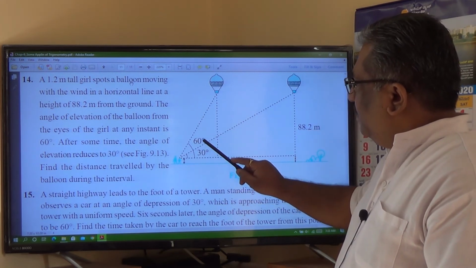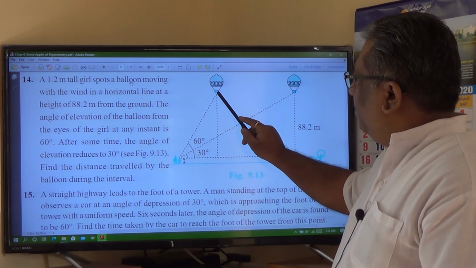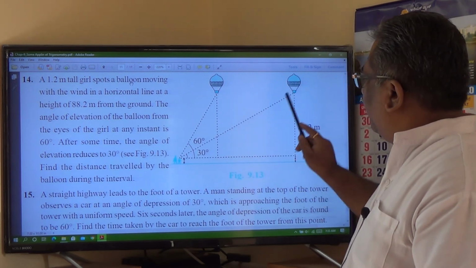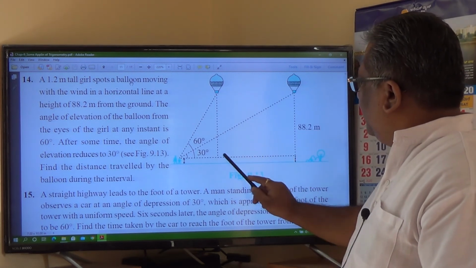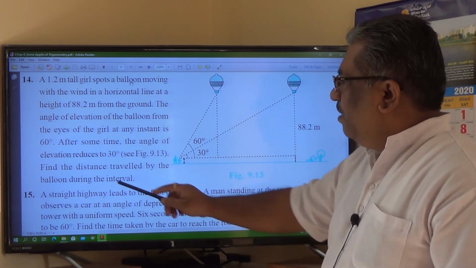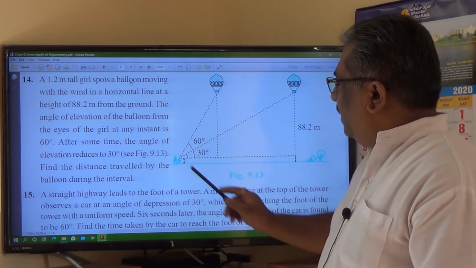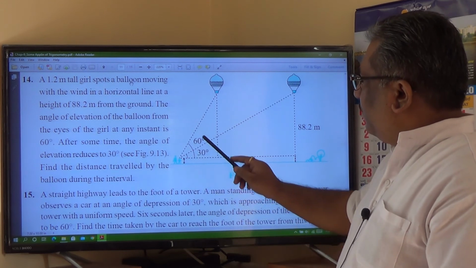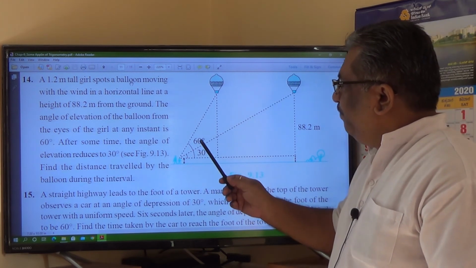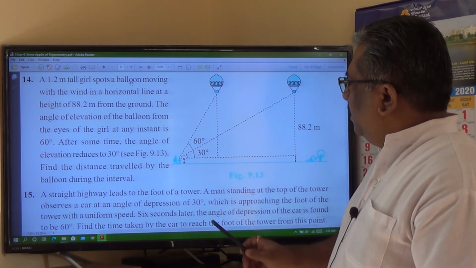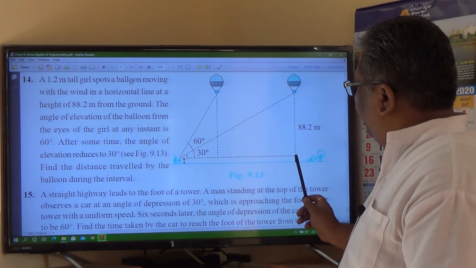Earlier 60 degrees, now 30 degrees. This much is the distance covered by the balloon. Find the distance traveled by the balloon during the interval, that is, when the angle of elevation changes from 60 to 30 degrees.